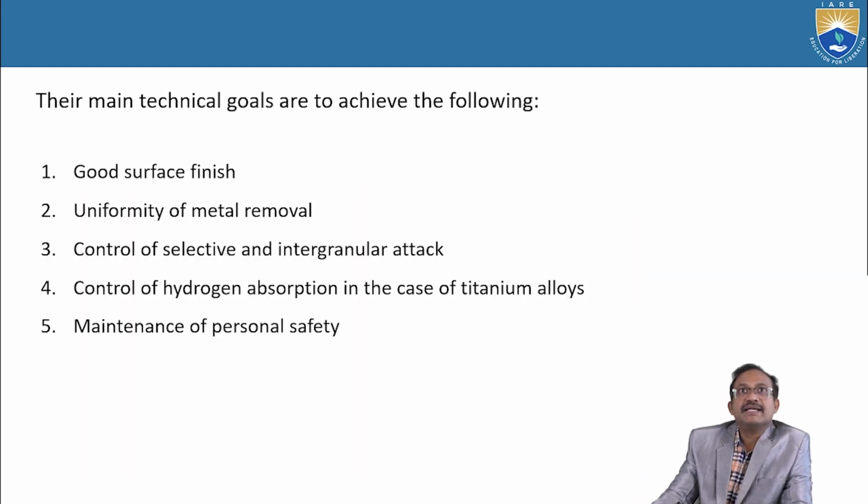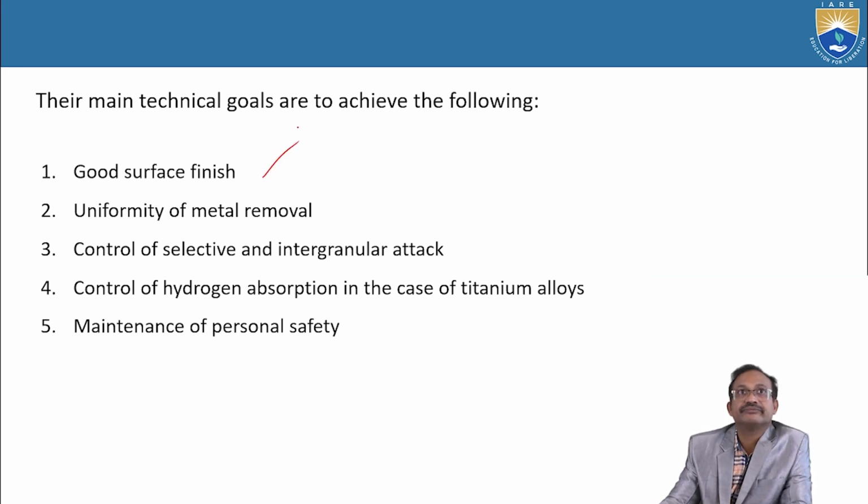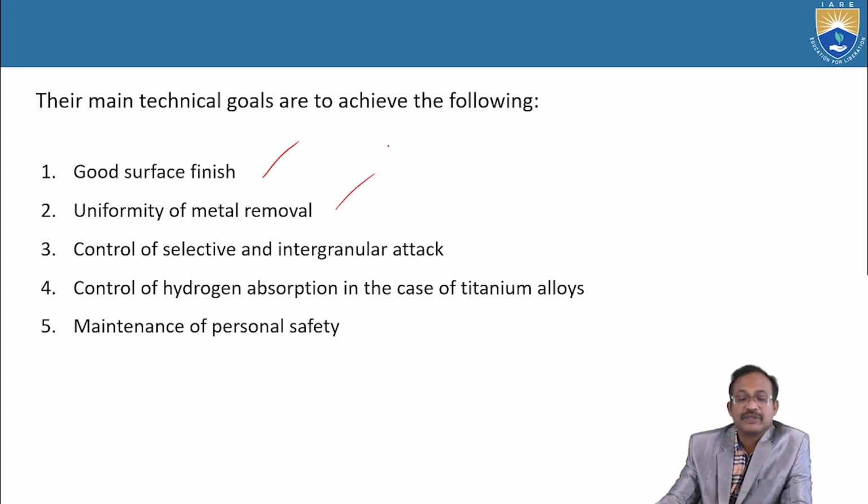Their main technical goals are to achieve the following. First, good surface finish. Second, uniformity of metal removal. Third, control of selective and intergranular attack. Fourth, control of hydrogen absorption in the case of titanium alloys. Fifth, maintenance of personal safety.